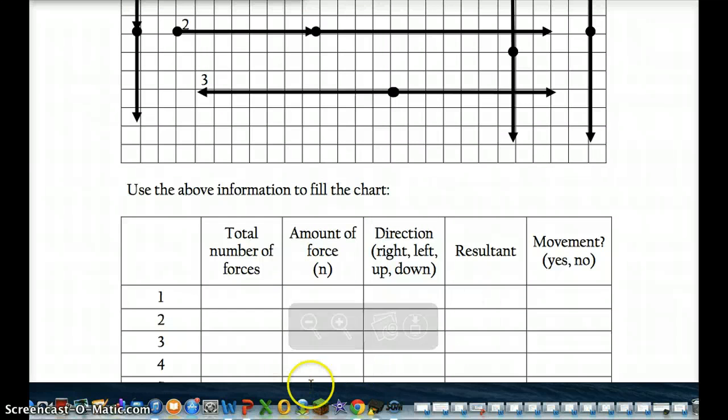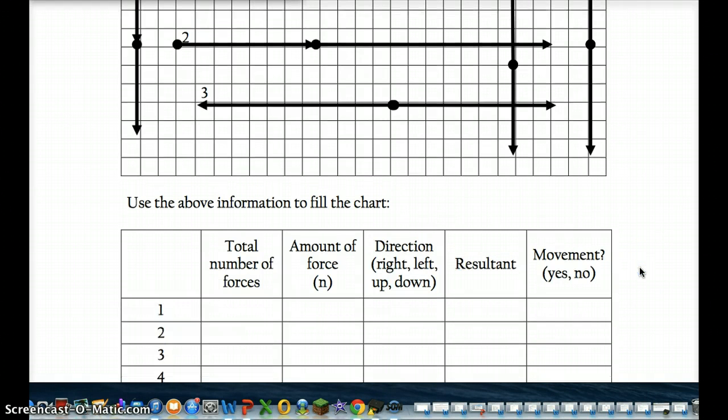So for number 4, you would put 2 forces, 12 newtons. Now, is there a direction, right, left, up, or down? No, because it's opposite directions. Now, if they both have 6 on each side, is there a resultant? 6 minus 6 is what? 0. So you would put 0 here for the resultant, and there is no movement.